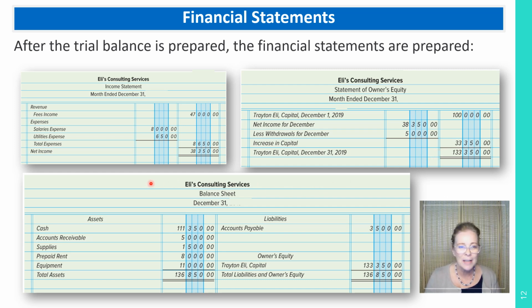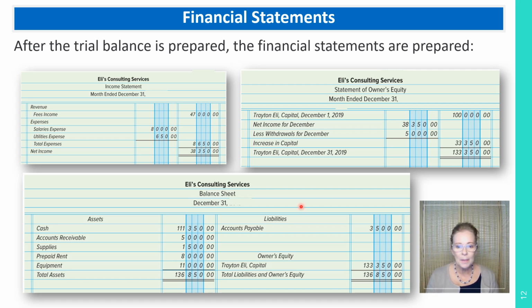We first list out all of our assets: cash, $111,350, accounts receivable, $5,000, supplies, $1,500, prepaid rent, $8,000, and equipment, $11,000, for a total of $136,850.